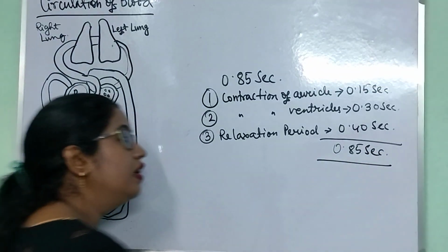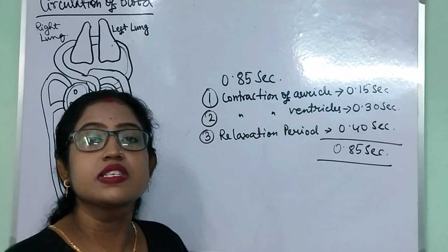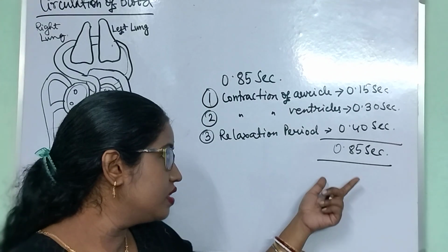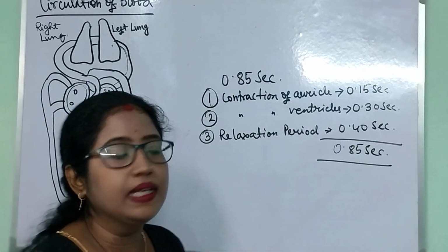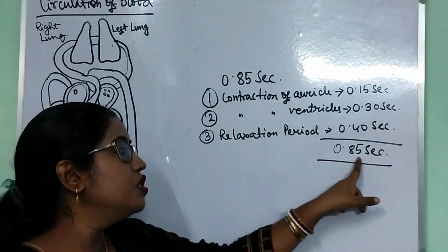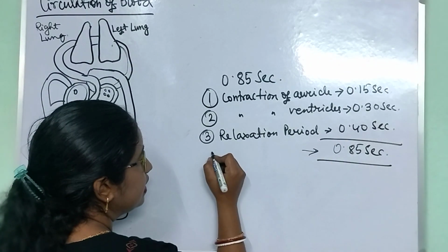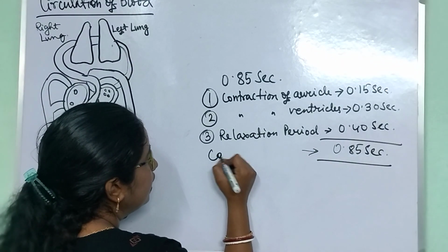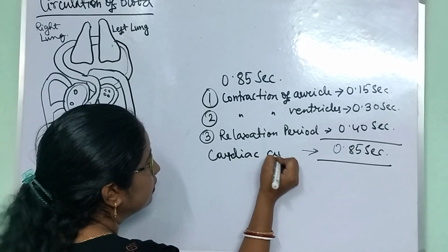This is the time period for one heartbeat, or it can be concluded that to complete a total cycle, a heart takes 0.85 second, and this 0.85 second is known as cardiac cycle.